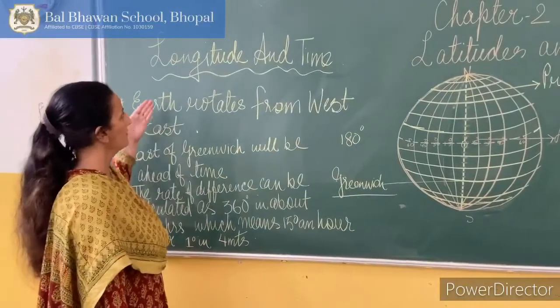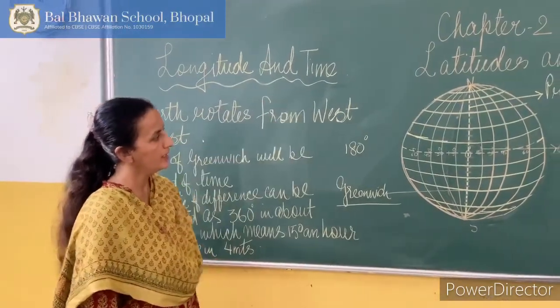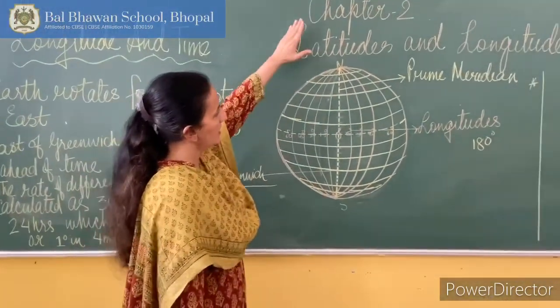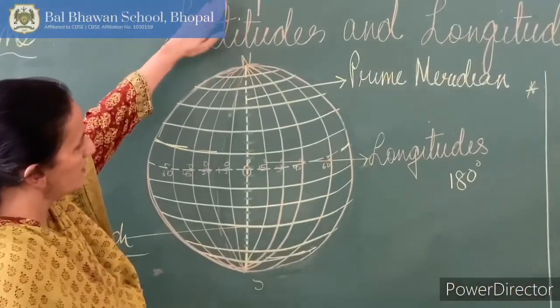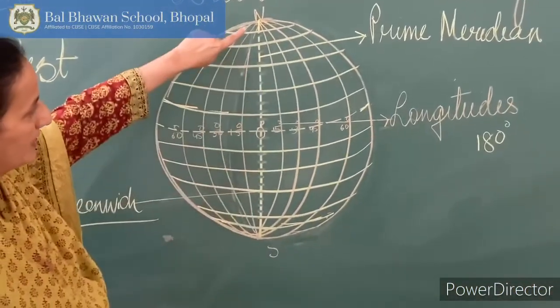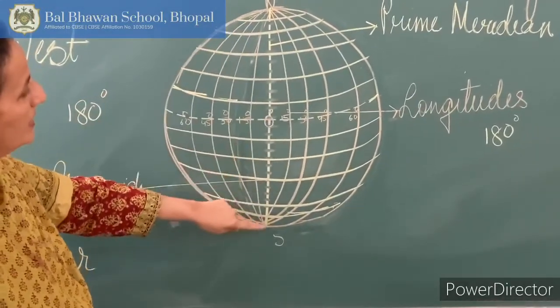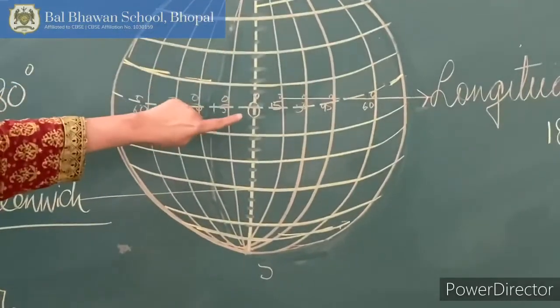Now children, we will study about longitude and time. Here you see, when the sun is just right above this prime meridian, the dotted line, all the countries which fall under this will have the same time.